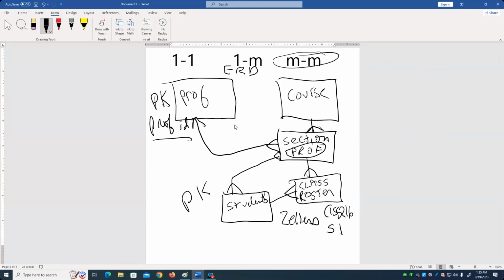If it passes the normalization test, well, that's a good sign, but that's not a guarantee that the database is correct. It's kind of like if you ran grammar check and spell check on your term paper. If it failed those two things, it's probably not a good paper. If it passed those two things, it's still not necessarily a good paper, right? You could have written really bad content, and it's a nonsense paper.